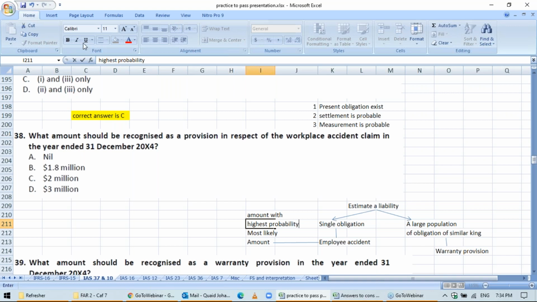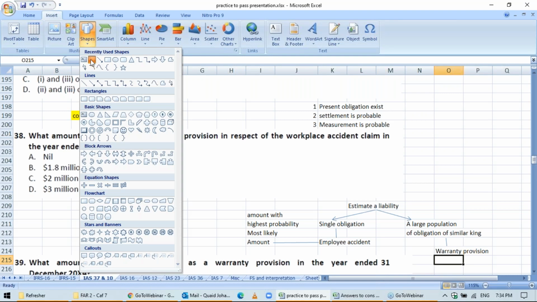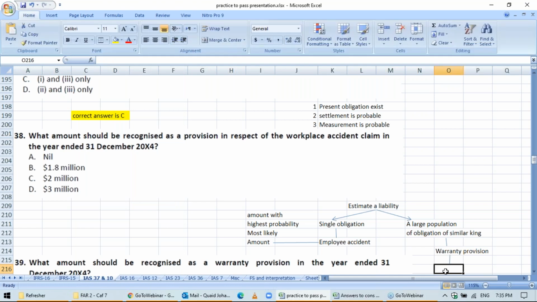And the warranty provision will be recorded at average because again and again it will occur. So over here you have to calculate the average. It won't occur only once. So over here you won't take best estimate, you will be taking an expected value. Expected value is a weighted average.